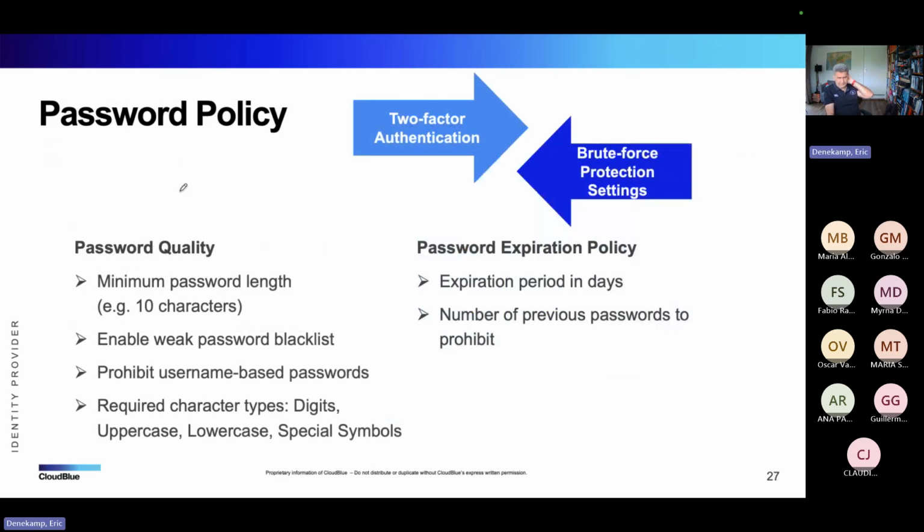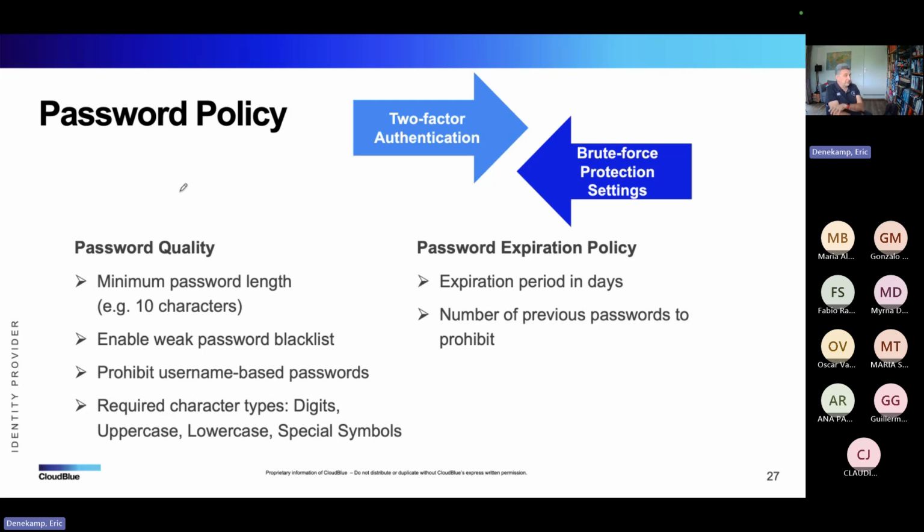Like I said, and I already showed it to you, we can set a more granular password quality. I can set a different password length than just 7 or none. We can blacklist weak passwords. We can prohibit those user-based passwords. We can define which character types to use for the password. For each of them, we can say, okay, digits are mandatory, uppercases are mandatory, lowercase are mandatory.